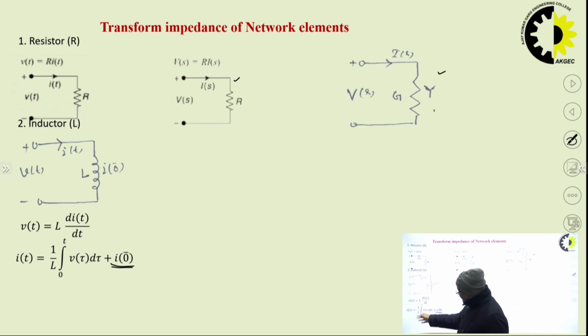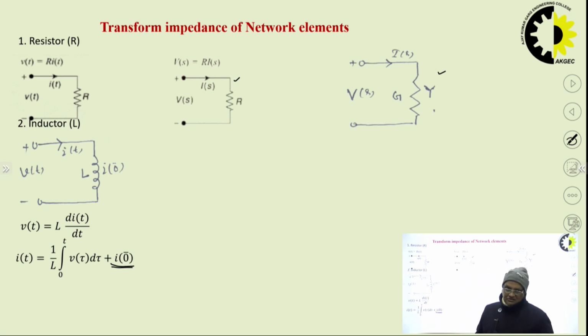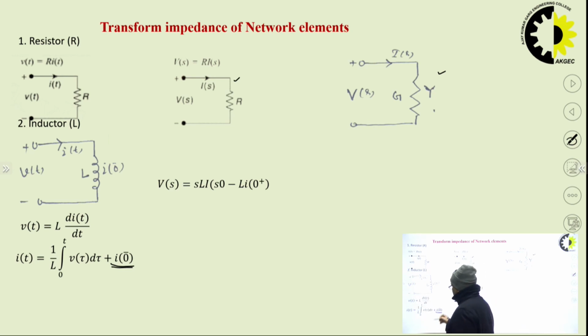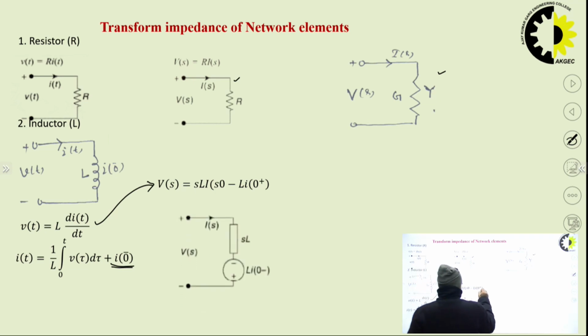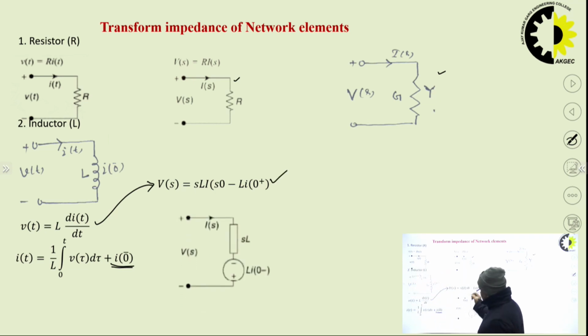These are the equilibrium equations in time domain. Just apply the Laplace transform to these equations, and we get this. Once we get this equation, we can draw the equivalent circuit in S domain. So this is the element in time domain, and this is the equivalent of the inductor in S domain.